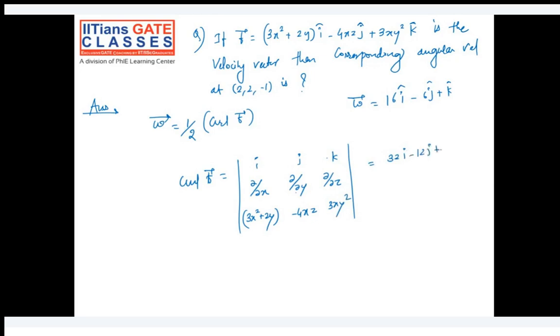Okay, some small questions. Quickly tell the answers for these. First: phi of x comma y is equal to ax square y minus y cube, and del square phi is equal to 0. Then a is equal to, options are 2, 3, minus 2, minus 3.